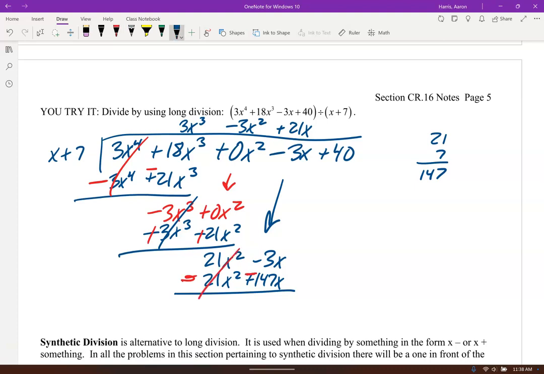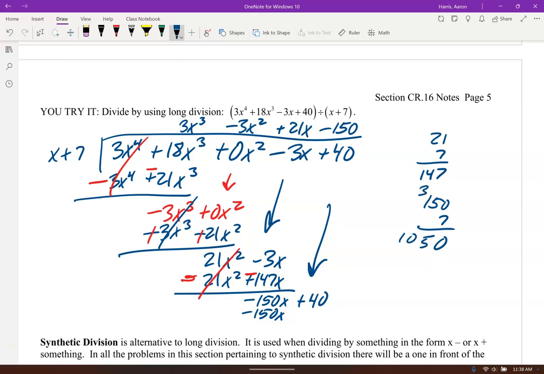So negative 3 minus 147, that's minus 150x plus 40. Now I'm matching the negative 150, so I'm going to multiply by negative 150. Negative 150 times x, negative 150x. 150 times 7, I'm not sure what that is. 1050, so minus 1050. Change those signs. It looks like 1090 is the remainder.